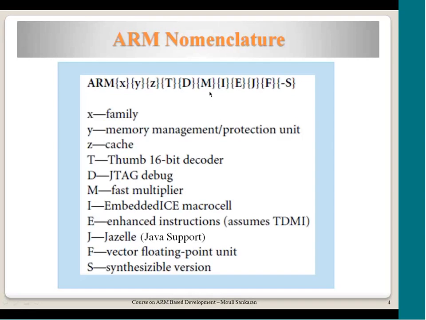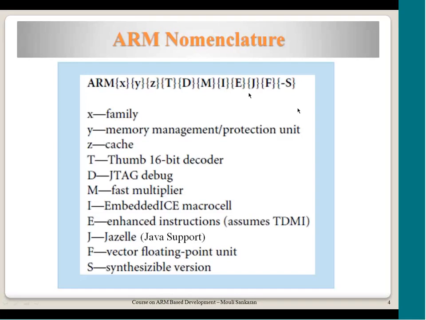M means it has a fast multiplier unit, and I means that it has an in-circuit emulator macrocell, so that you will be able to perform breakpoints and stop the code in between the execution of instructions and look at the contents of the registers. For doing all this, the processor needs to support the online debugging facility. So these are the different modules which are available in the ARM7 TDMI, which we are looking into.